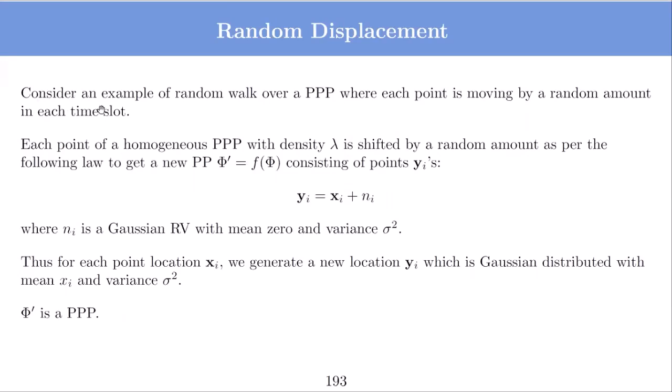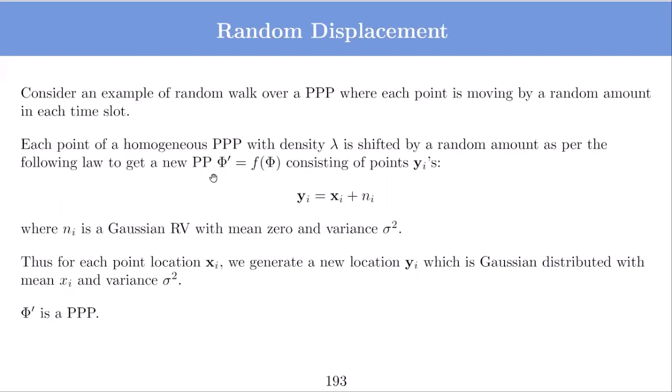Suppose we take an example of a random walk over a PPP. The original point process is a PPP, and then at every time step, each point moves randomly in some direction. So each point of a homogeneous point process is shifted by a random amount as per the following law to get a new point process at the next time step.